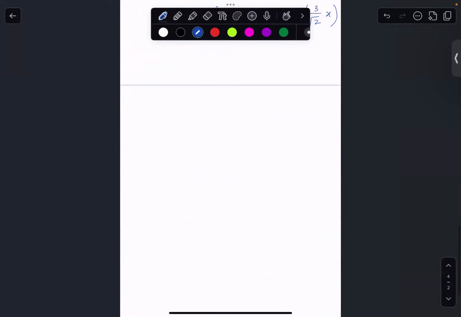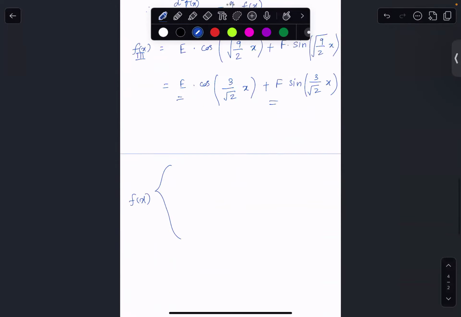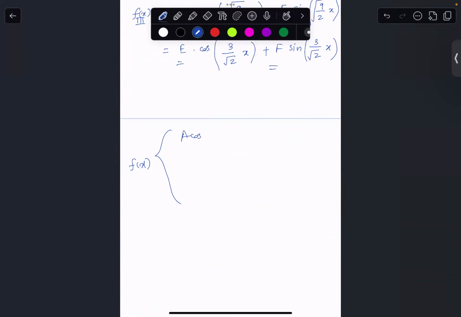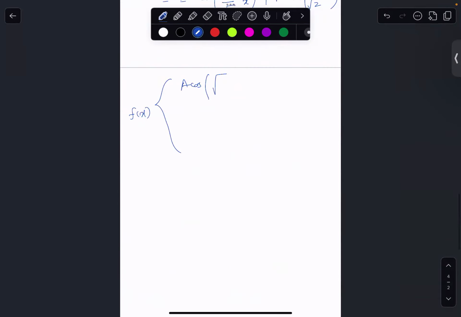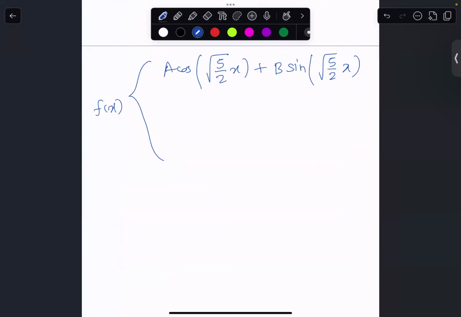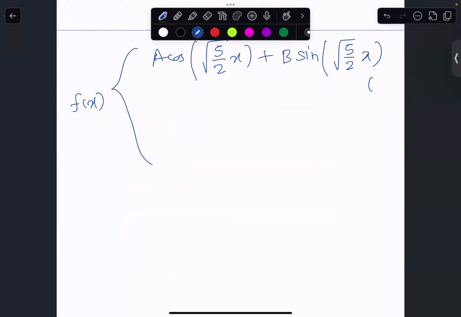So our f of x looked like a cos, if I'm not wrong, of square root of 5 by 2 x plus b sine of square root of 5 by 2 x in region 1.